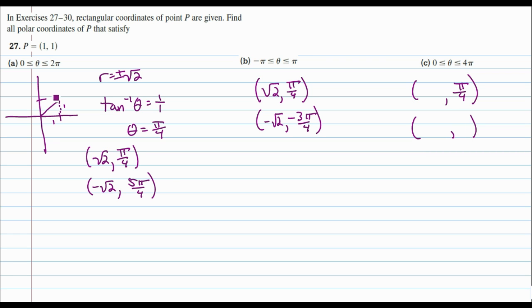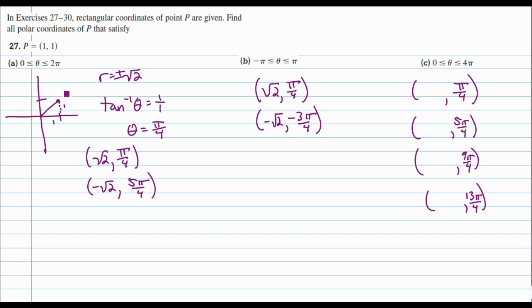So pi over 4, keep going around, that would be 5 pi over 4. Keep going around, now I'm at a coterminal ray of pi over 4, so pi over 4 plus 2 pi would be 9 pi over 4. And then again, I'd be at a coterminal ray of 5 pi over 4, so 13 pi over 4.